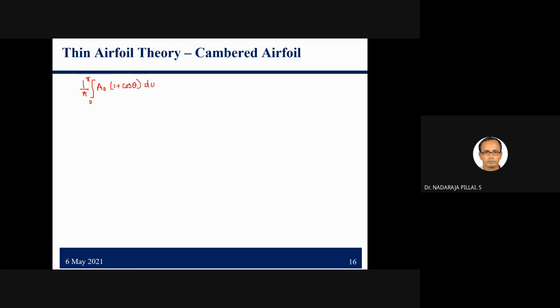The sin theta gets cancelled, and I write it directly: A naught into 1 plus cos theta d theta by cos theta minus cos theta naught, plus 1 by pi, the sum for n equal to 1 to infinity, integral 0 to pi, An sin n theta sin theta d theta by cos theta minus cos theta naught, is equal to alpha minus dz by dx.